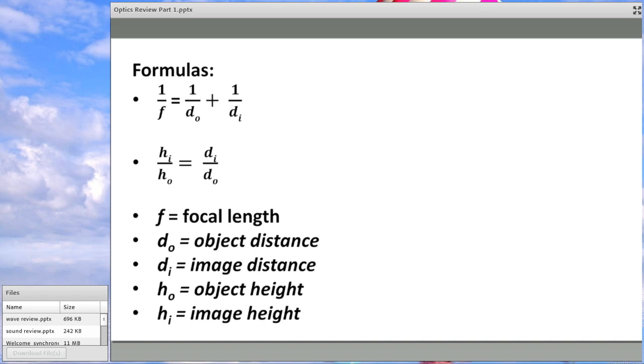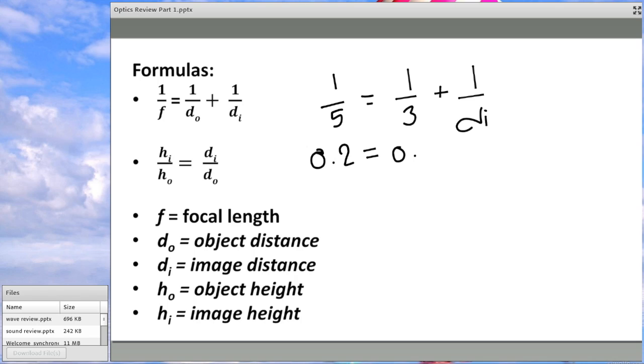Okay, so the first thing I'm going to do, let's say I have 1 over 5 equals 1 over 3 plus 1 over di. First thing I'm going to do is go ahead and convert this to a decimal because I hate fractions. I'm not going to try and do least common denominators or any of that stuff.